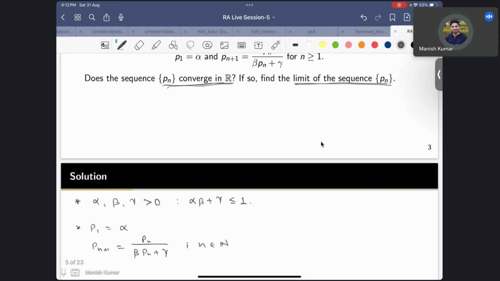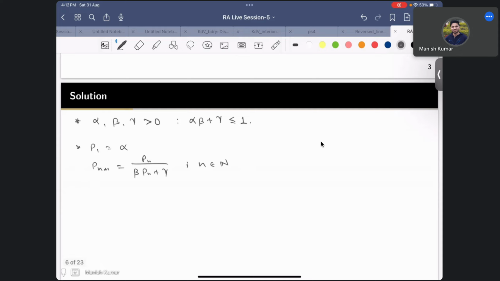So the main problem is to show that this sequence Pn defined in this fashion is a convergent sequence. That is the main part of this problem.